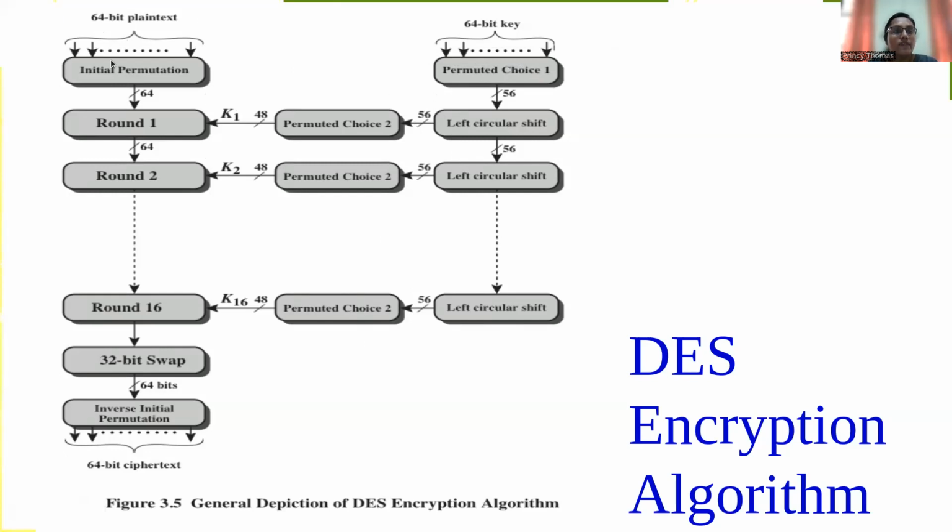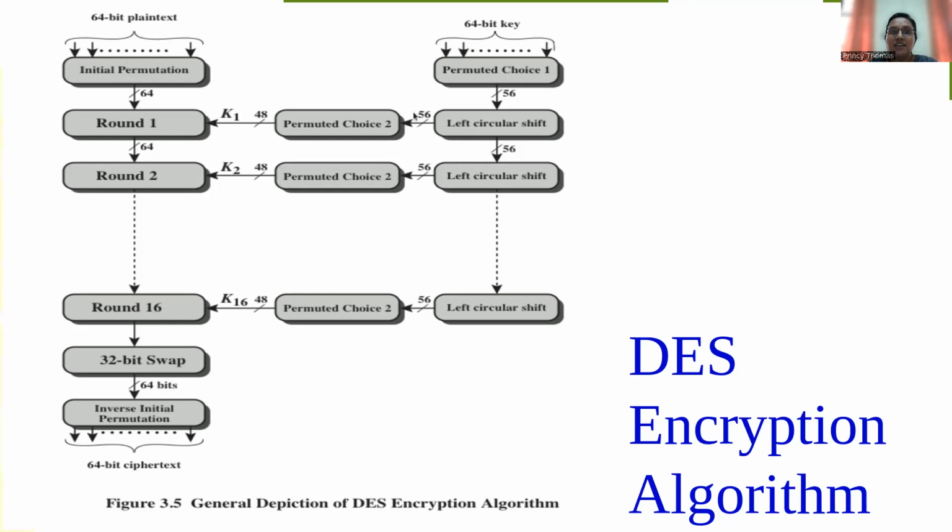Look over here at the encryption side, please look at my cursor, on the left-hand side. Initially, there is a permutation; the plain text is first permuted and then given to the 16 rounds in the DES algorithm. Each round is doing the same thing, but with a different section of the key, or sub key.